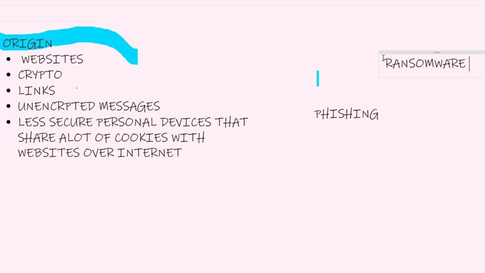Fourth is unencrypted messages. These days, WhatsApp and many other web chat based platforms are focusing on encrypted messages. So that is what encrypting a message is.